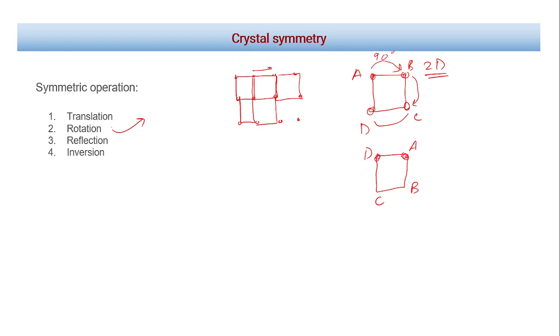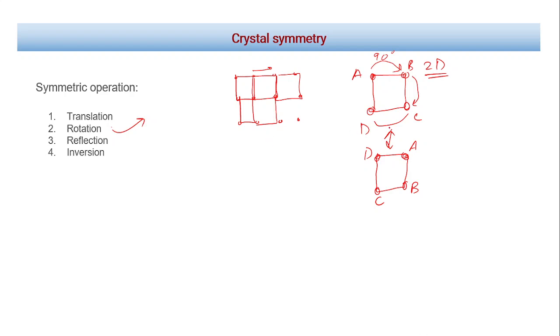But we will not be able to distinguish these two. Why? Because the atoms' positions are all the same. So even after 90 degree rotation, it looks exactly the same. That means the symmetry is maintained. Nothing has changed. This is what we mean by rotational operation: that even after doing that symmetry operation, if the unit cell or that crystal still looks the same, then we call it a symmetry operation.